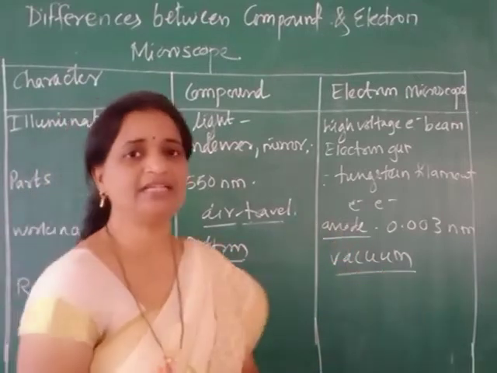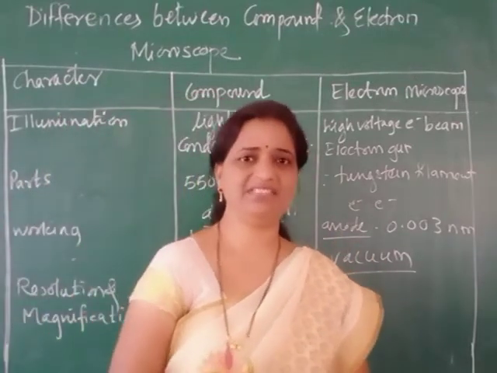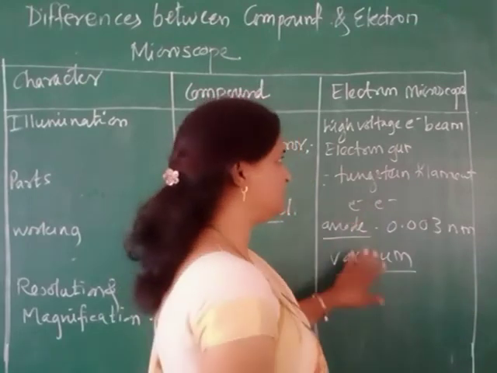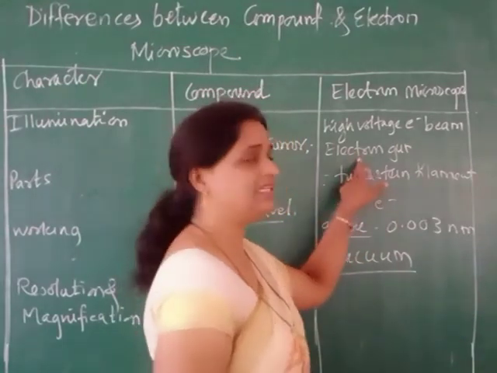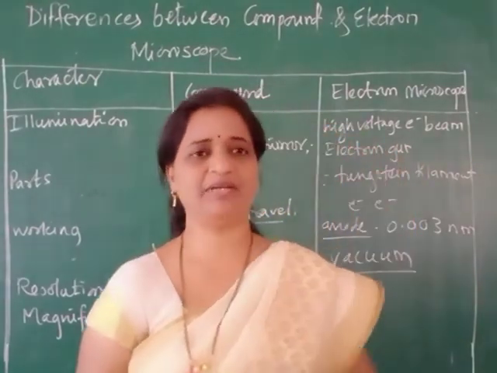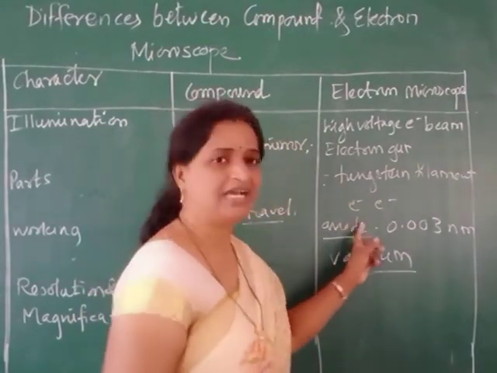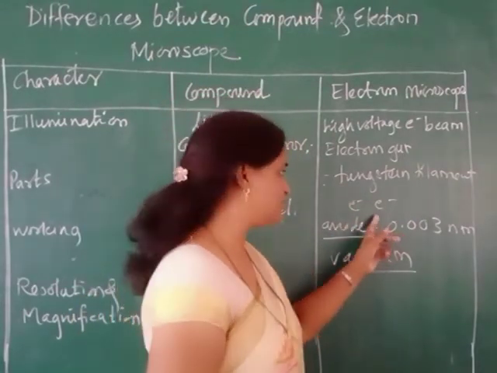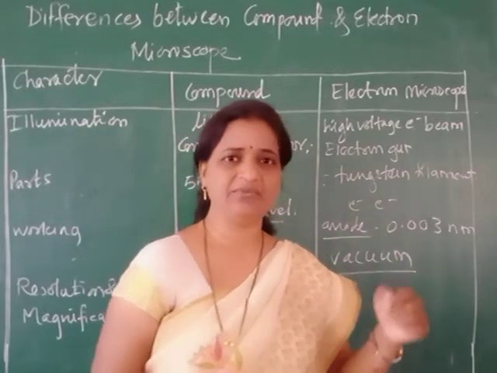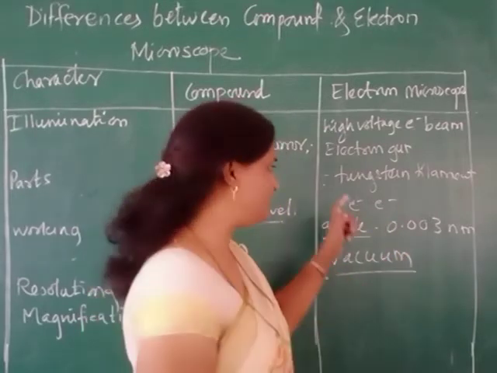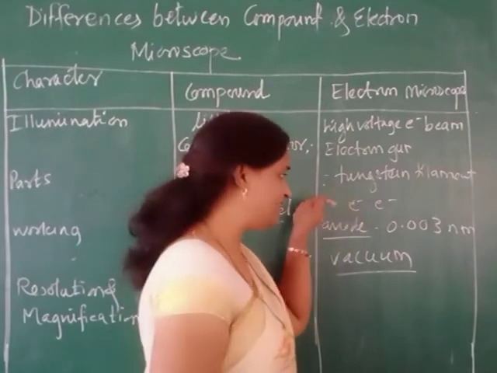In case of electron microscope, the completely opposite case is there. Electron gun is placed at the top of microscope, and from the top it generates high voltage electrons. Electron beam is generated that was accelerated by giving high voltage, and they are directed.